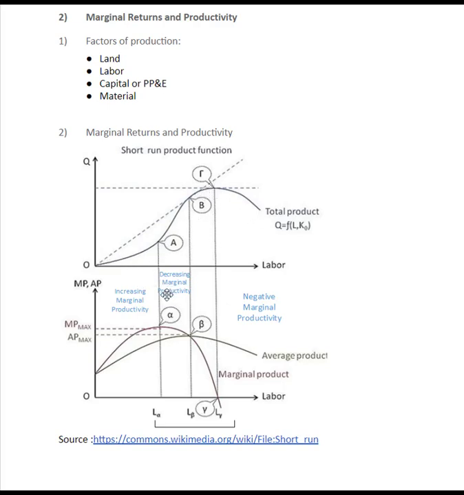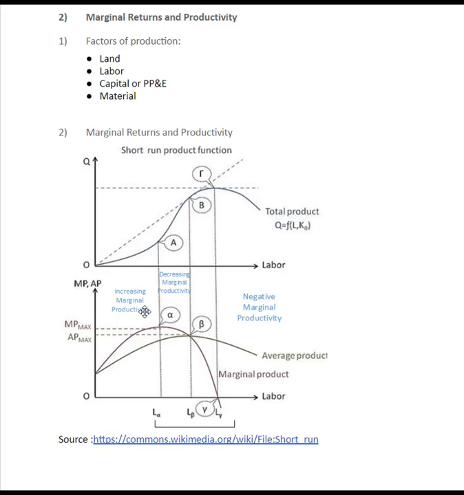Whereas the marginal product, you can think of as the slope of the total product curve. It's the increase in total product by adding one more unit of labor. As you can see, up to when we increase our labor to alpha level, or up to point A, there is increasing marginal productivity.